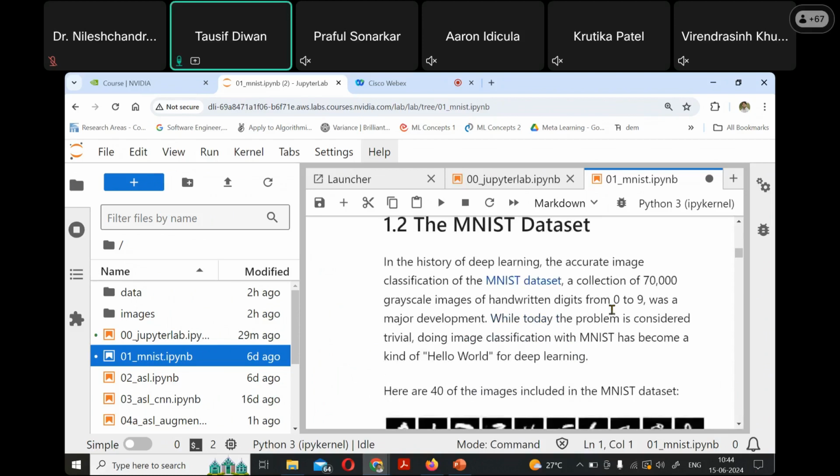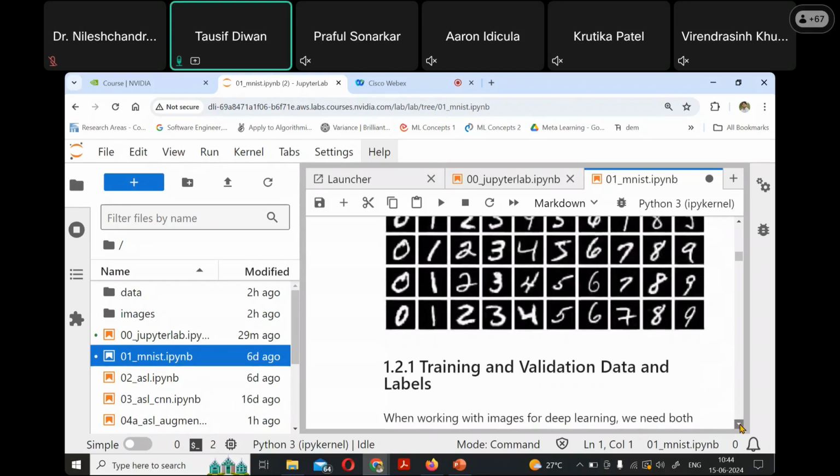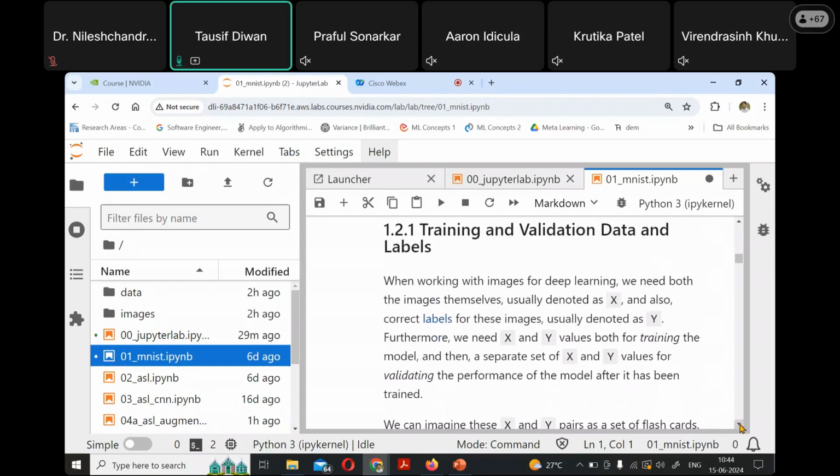If you look at the dataset, total 70,000 images are there. All these images are grayscale images of handwritten digits. So total 10 categories are there. So these are the images. Now, as we have earlier discussed, this should be categorized into training and validation data.